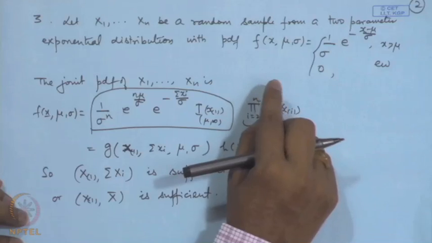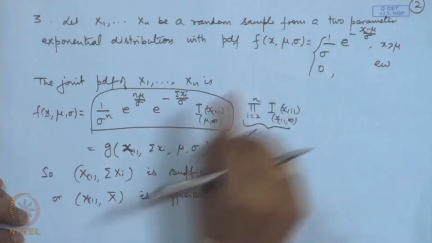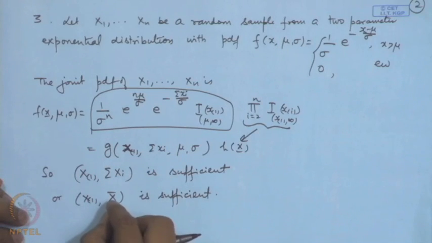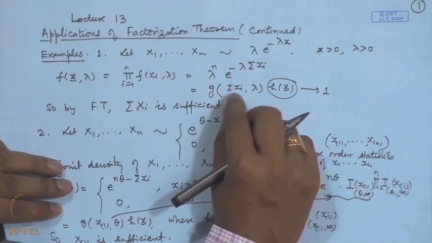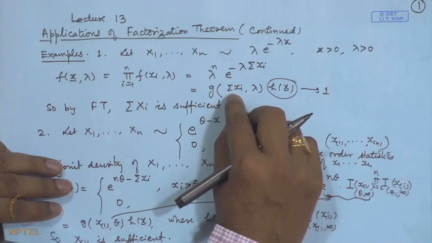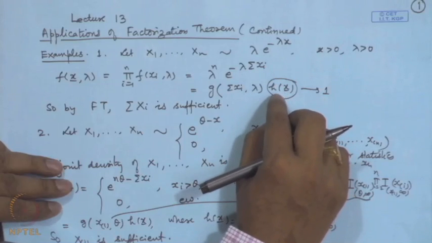Similarly, here you see the maximum likelihood estimators for mu and sigma were x 1 and x bar minus x 1 respectively, which is again a 1 to 1 function of x 1 and x bar, that is the sufficient statistics. So, we can observe that the maximum likelihood estimator, if it exists, is actually a function of the sufficient statistics. The reason is obvious, because in the factorization theorem we are writing down the density as a function of the parameter and the sufficient statistics times a function which is free from the parameter.